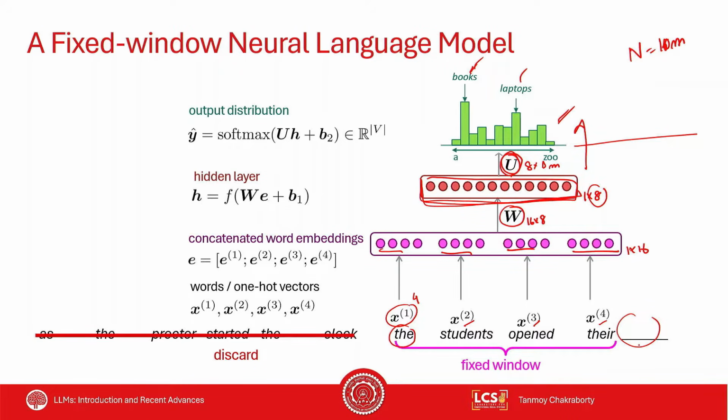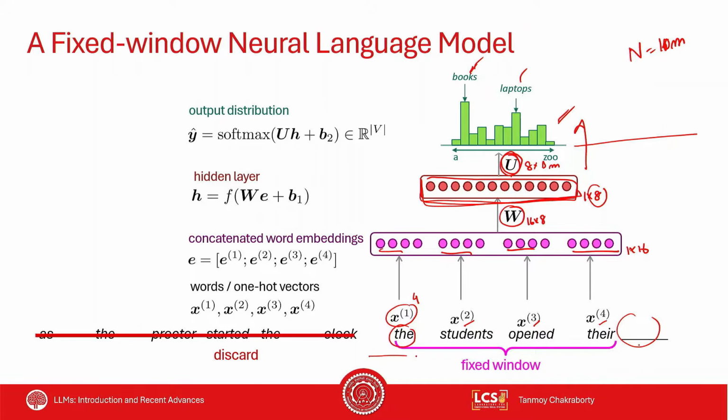What is the problem in this kind of approach? The first problem is that we have to decide the window size. We can't consider the entire context as a window. The second problem is that the size of the window, which is 4 in this case, is a hyperparameter. Meaning you have to play with multiple values of this window and see which one is better.